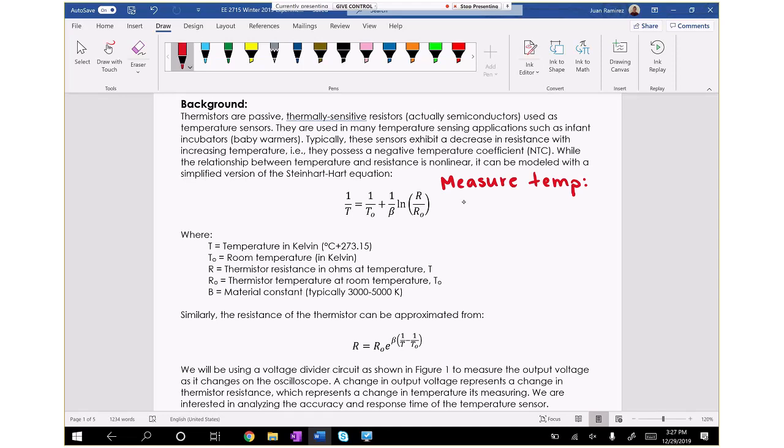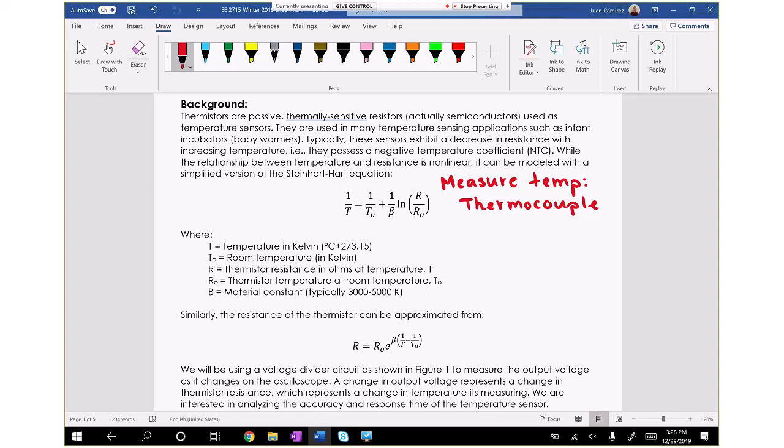One is using what's called a thermocouple. The thermocouple is essentially two different metals that are welded together at one tip, and there's a physical relationship that says two metals create a very small voltage based on the temperature they're exposed to at that junction.